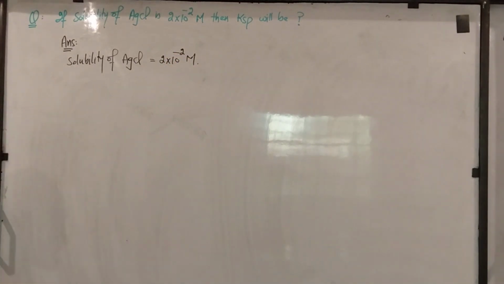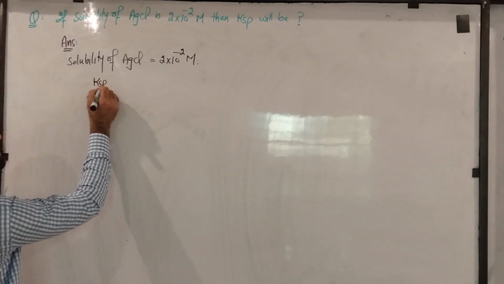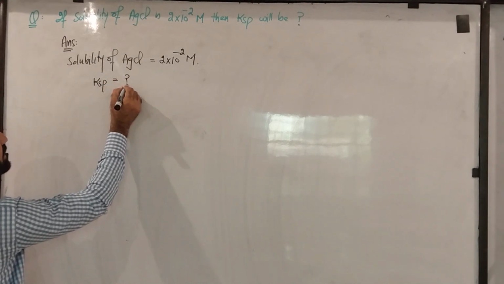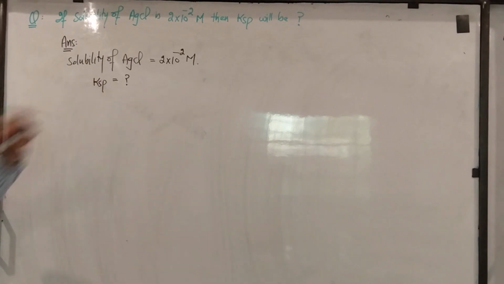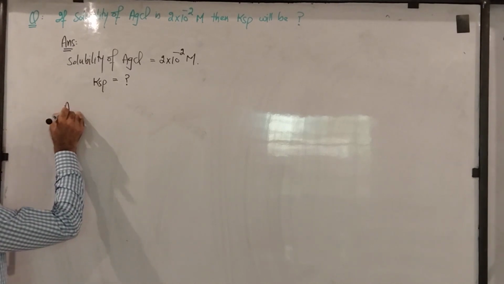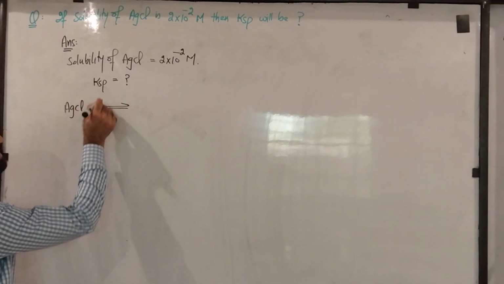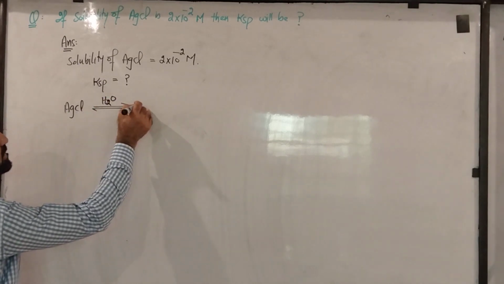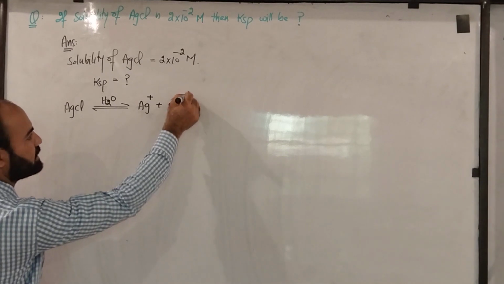The solubility is given, and what they demand is to find the KSP. Remember students, first of all, you have to write the equation for that sparingly soluble salt, with silver ion concentration and chloride ion concentration.